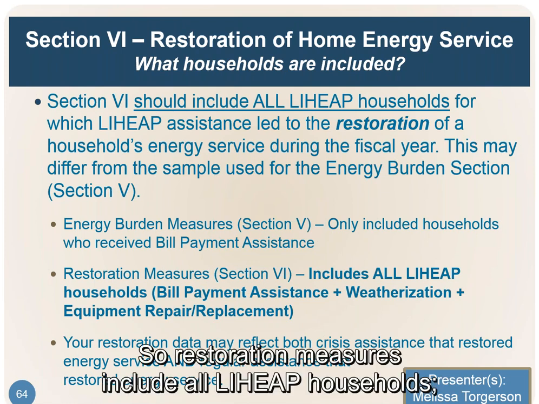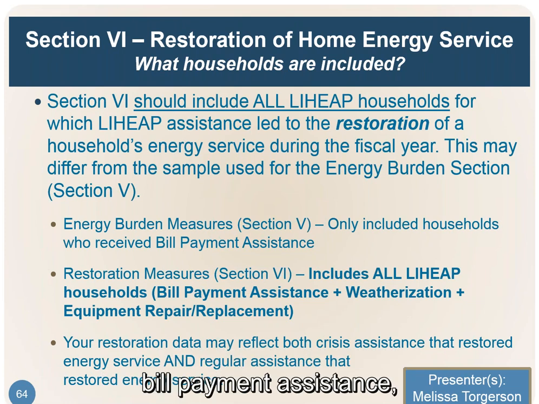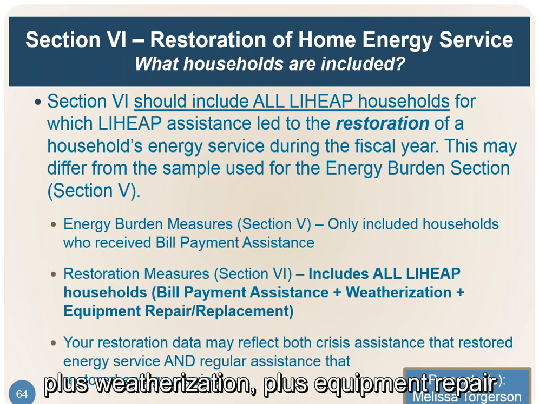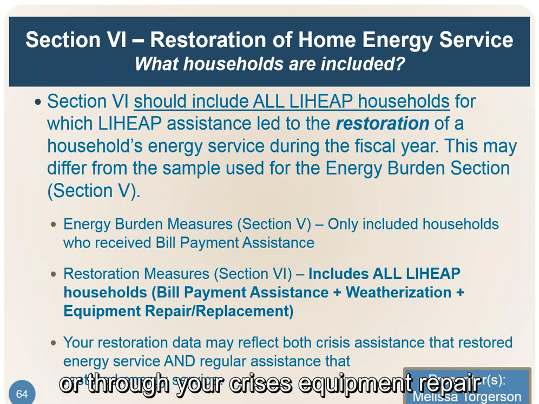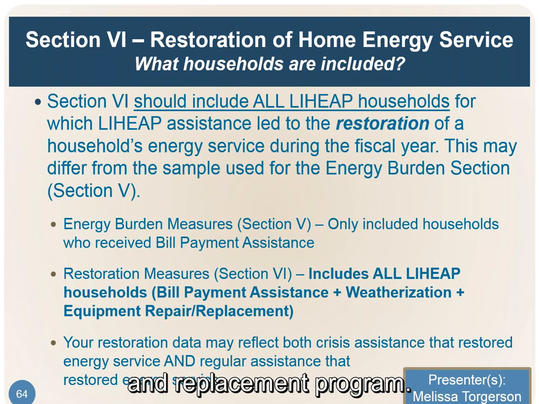So restoration measures include all LIHEAP households with bill payment assistance, plus weatherization, plus equipment repair and replacement that may be done either through weatherization or through your crisis equipment repair and replacement program.